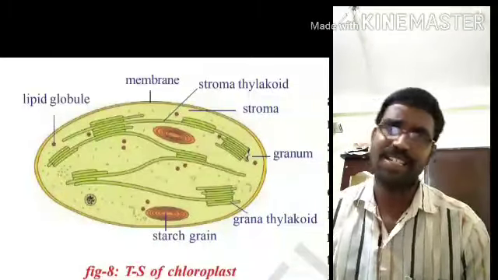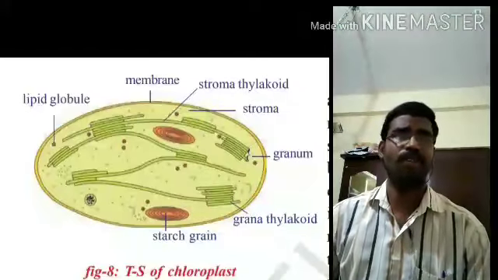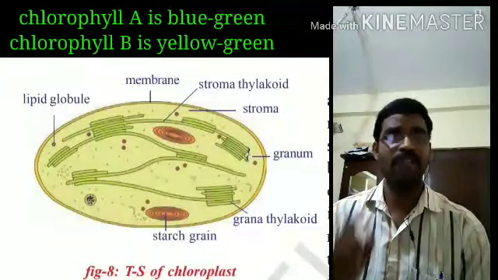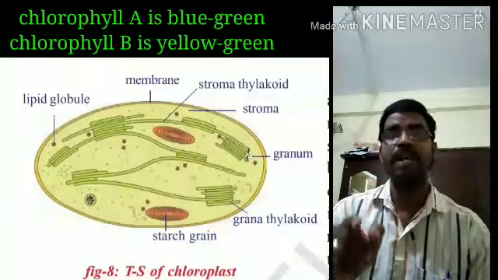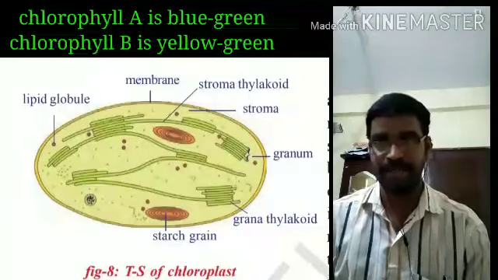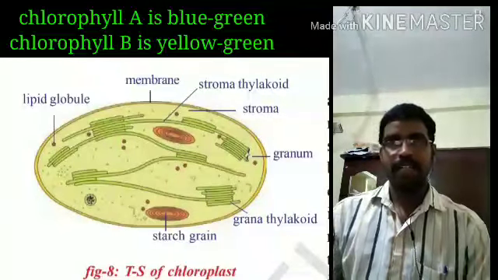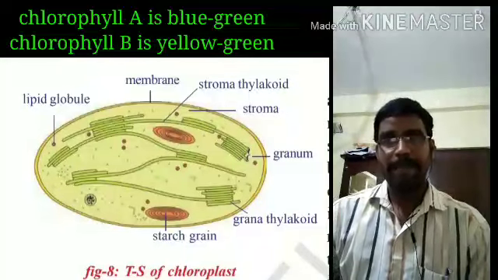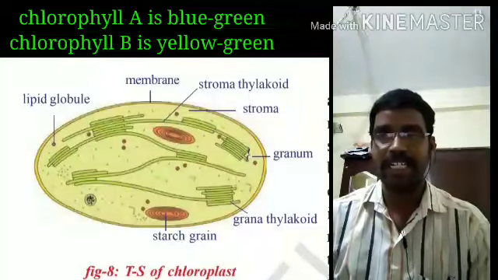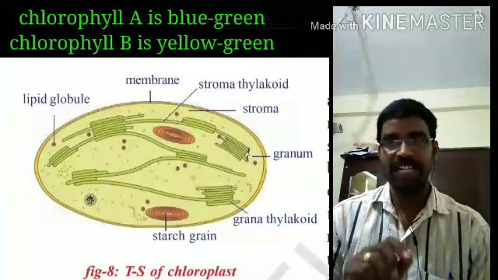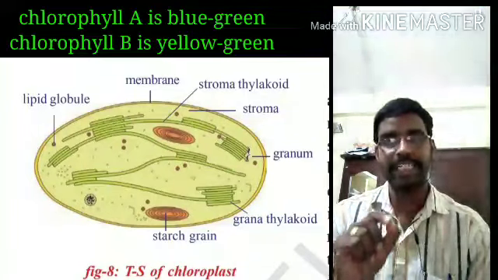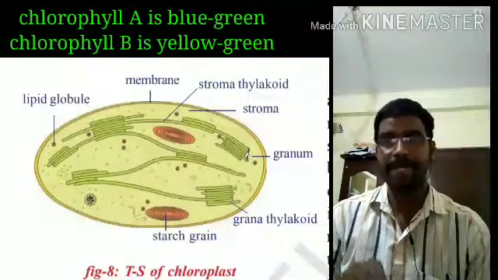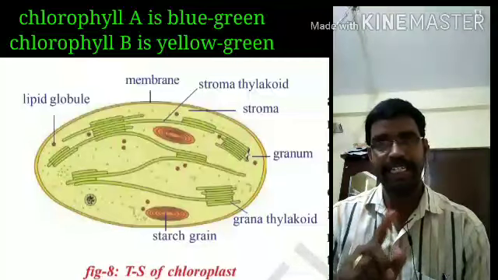Chlorophyll: we see there are different kinds of chlorophylls. Commonly, chlorophyll A is present in all kinds of plant kingdom organisms. Chlorophyll B appears yellow-green in color. Chlorophyll A appears blue-green in color.